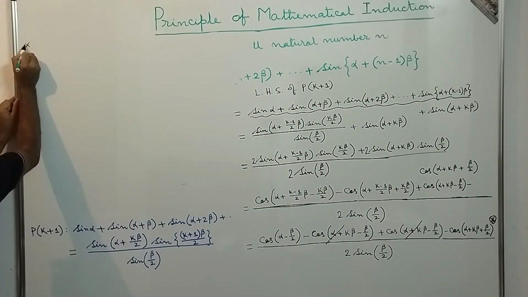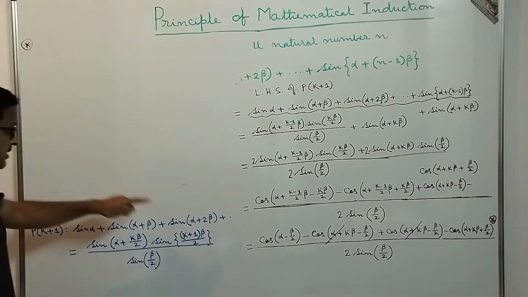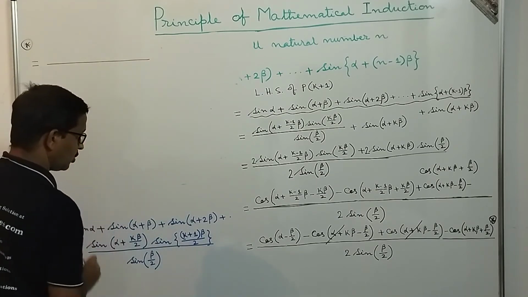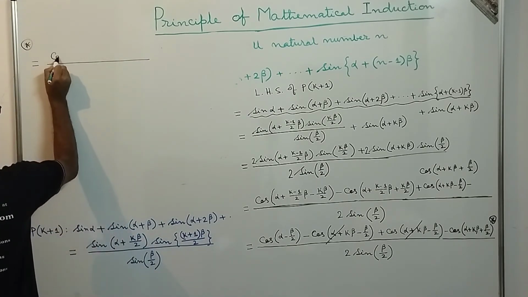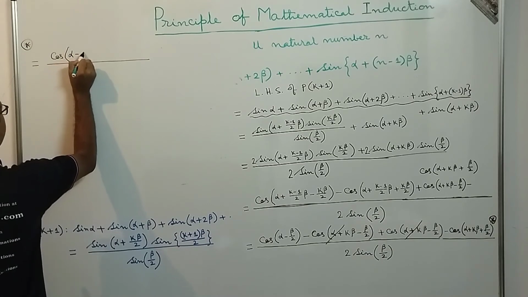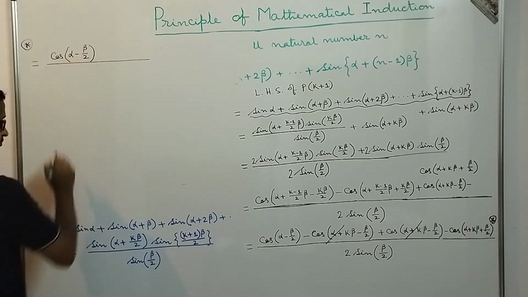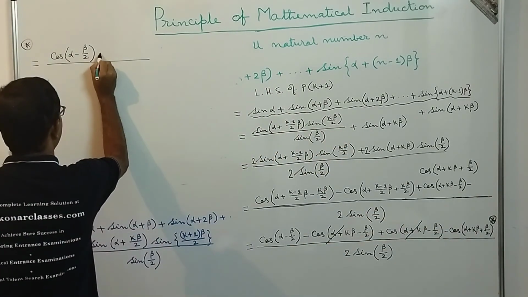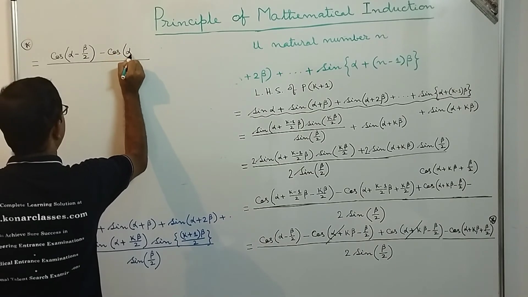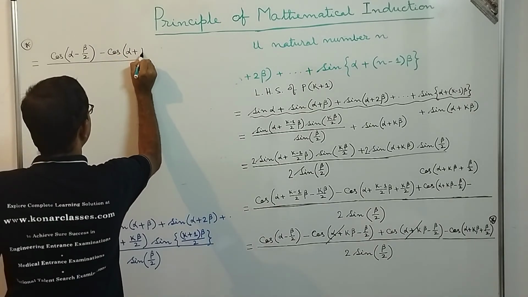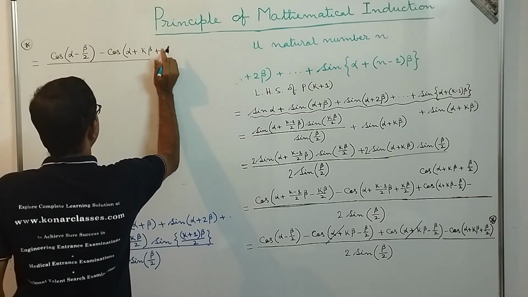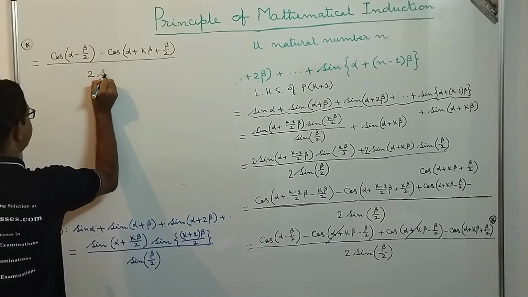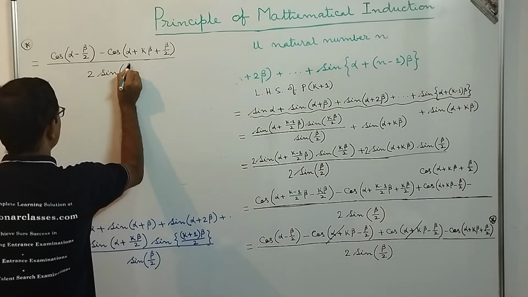Okay. So we continue from here. What we get, dear students, is that this is equal to, in the numerator we get cos of alpha minus beta by 2 minus cos alpha plus k beta plus beta by 2, divided by 2 sine beta by 2.